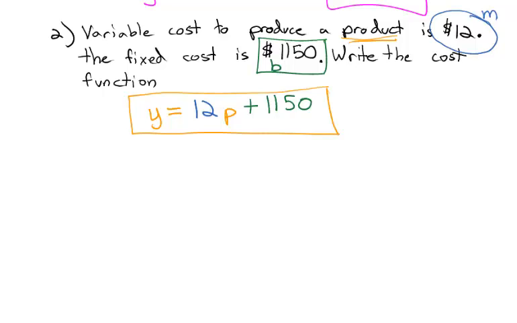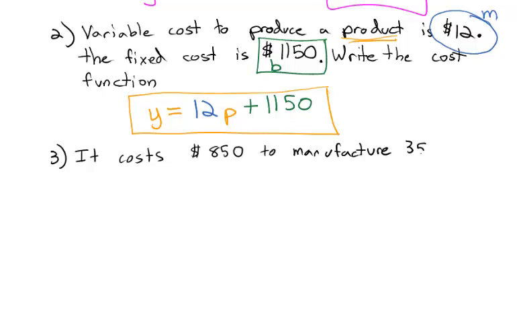Let's try another example. Let's say it costs $850 to manufacture 35 items.